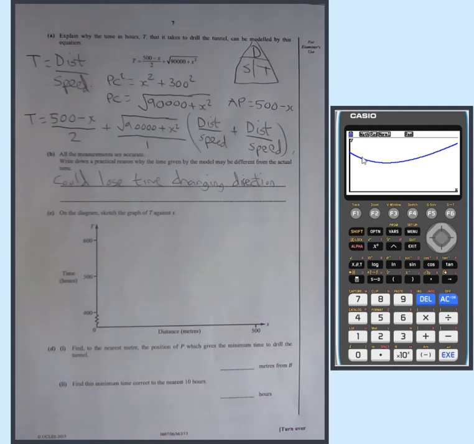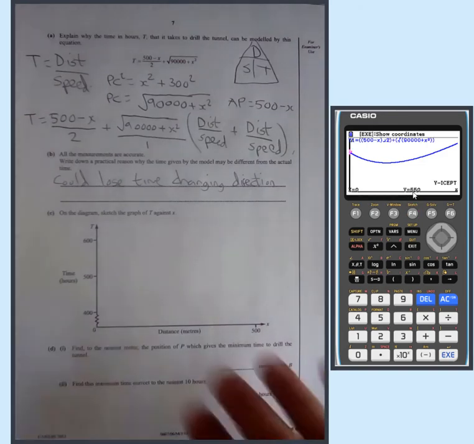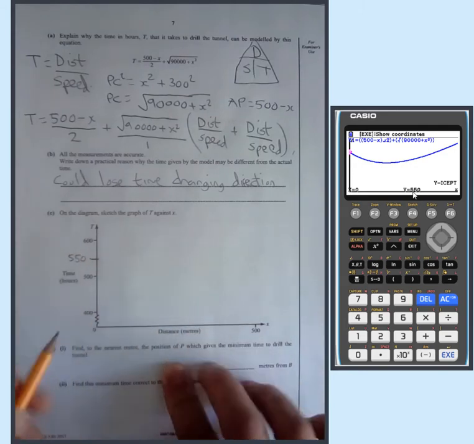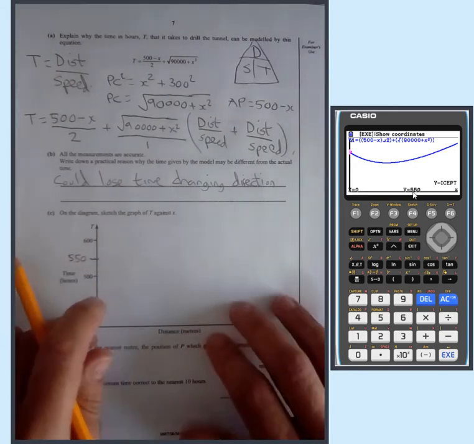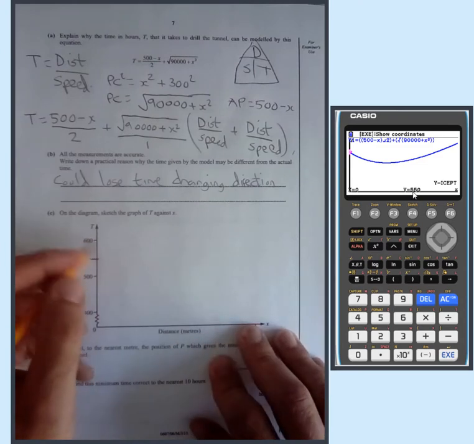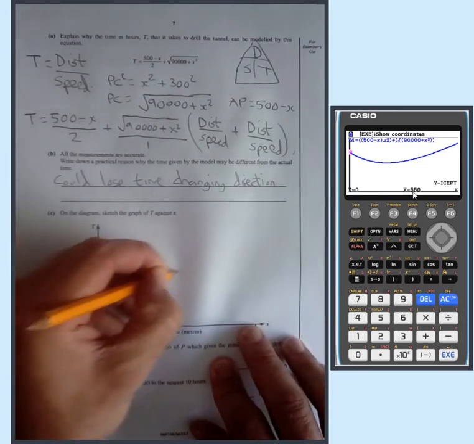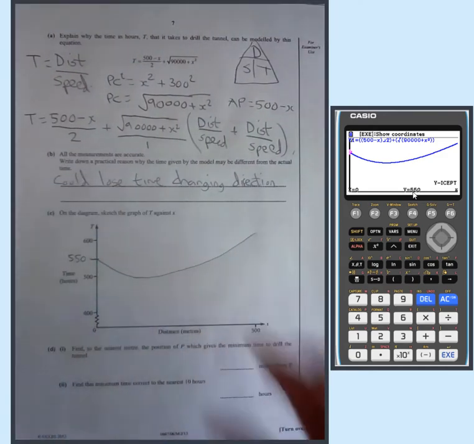It might be useful to know what that point is, just for some communication. It looks like a y-intercept, but you could have done a trace there as well. So it's 550. At 550, that's the point, and then it just goes down and up again. Something like that would be fine.